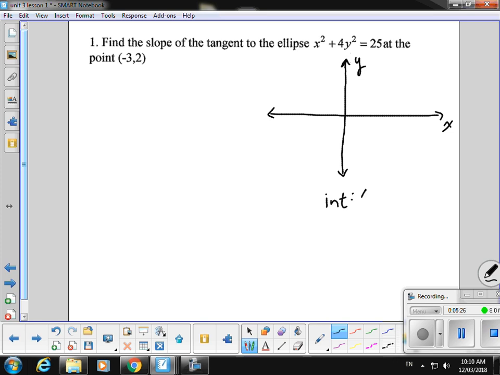So for my x-intercepts, when my y value is 0, I have +5 and -5. Okay. For my y-intercepts, when my x value is 0, I have y squared equals 25 over 4, which is positive and negative 5 over 2.